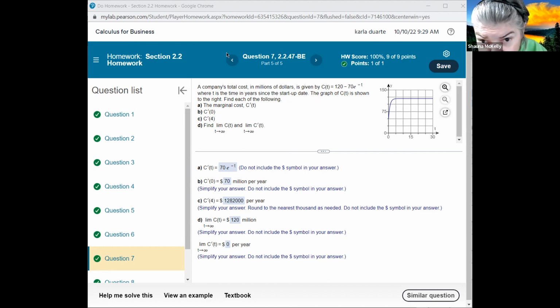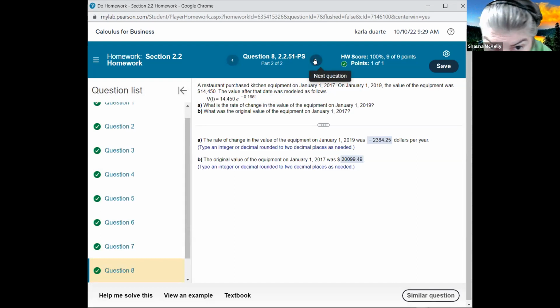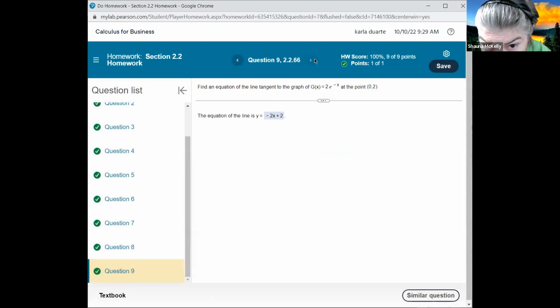The next thing I want to go over from here is this number, you got this on your own, number 8. Number 9, the infamous tangent line problem, okay? This one is actually fairly straightforward.